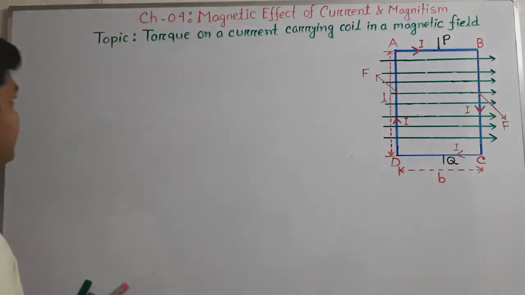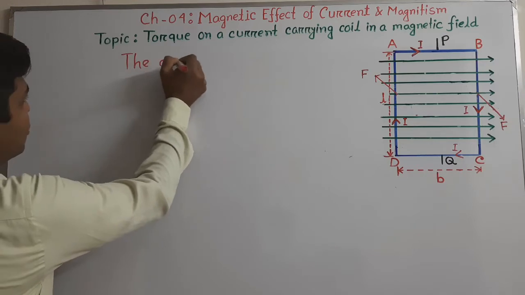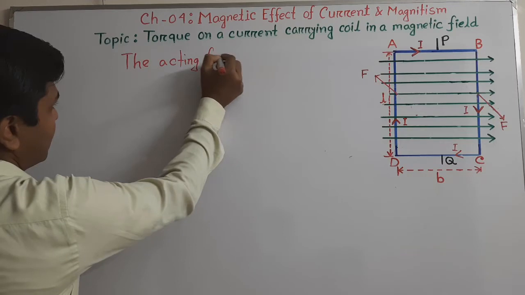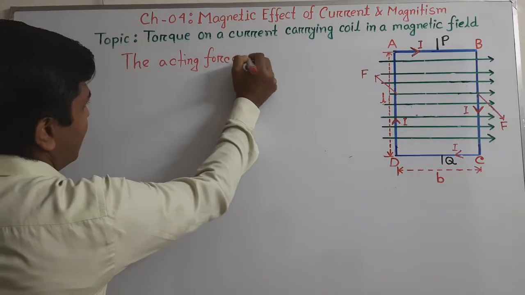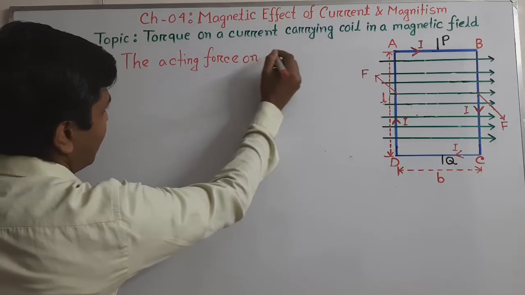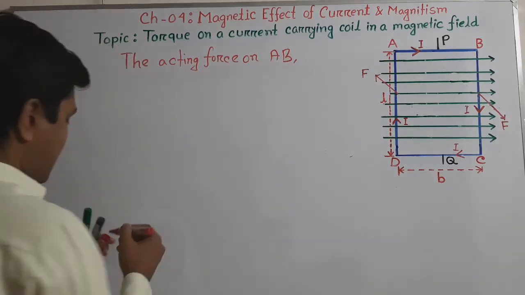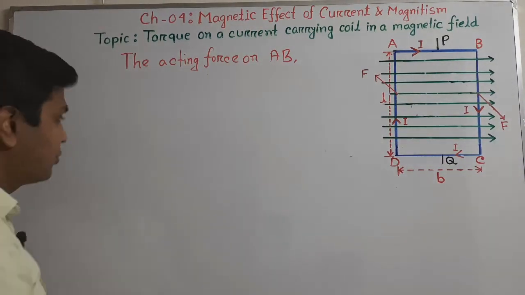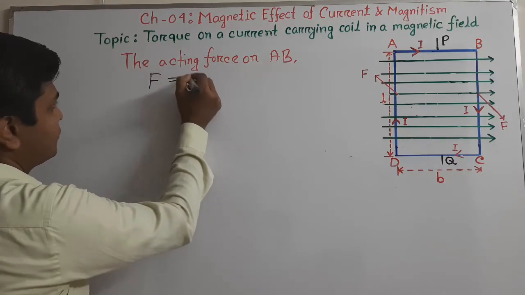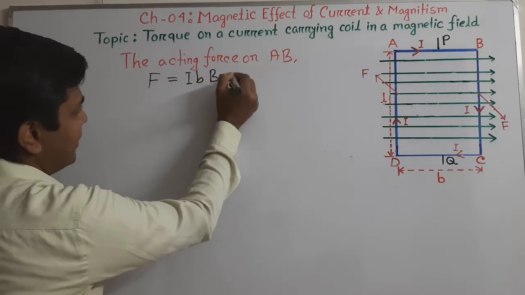Let's see the acting force on AB. You know the formula of acting force is F equals I B sine theta, where B is the magnetic field.